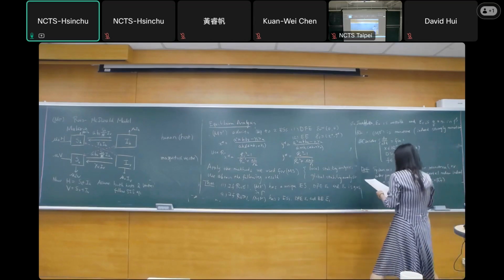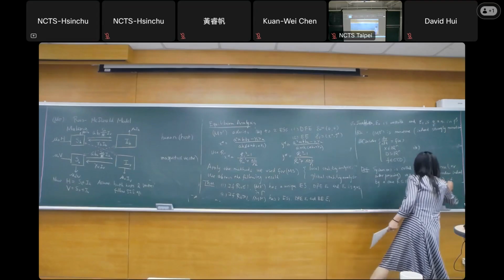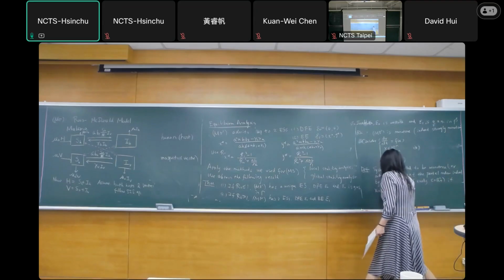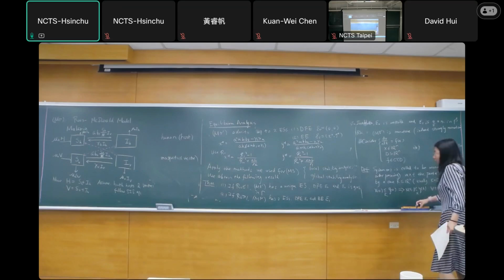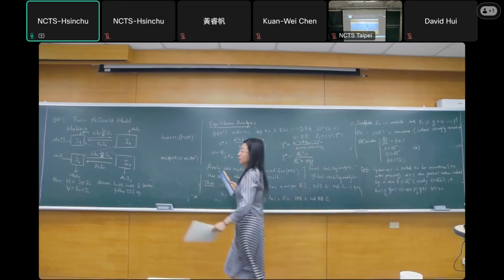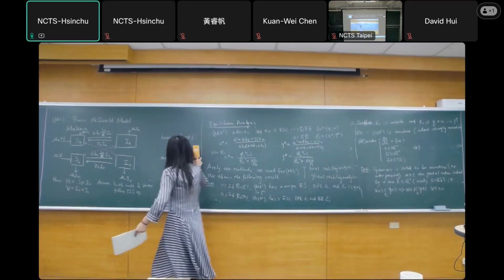What this means is that if initially you have such a comparison under the partial order, then it is going to be maintained all the time.